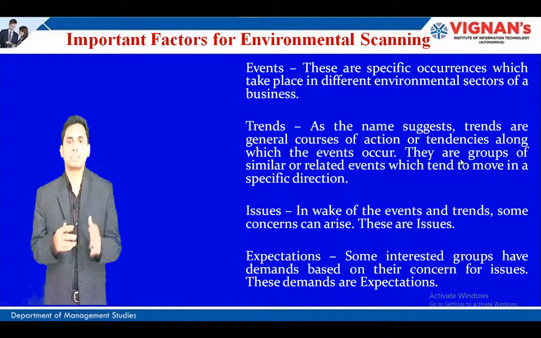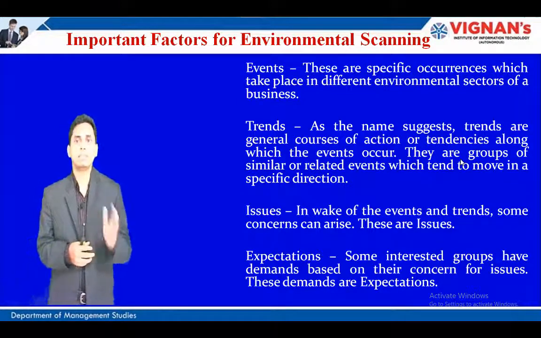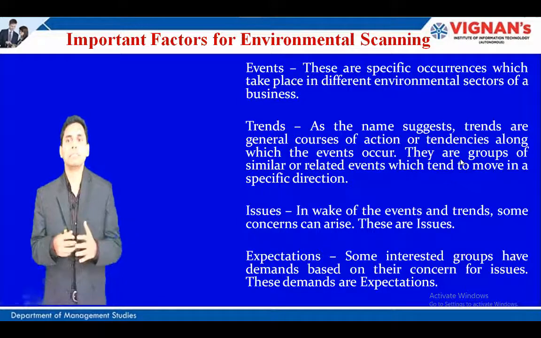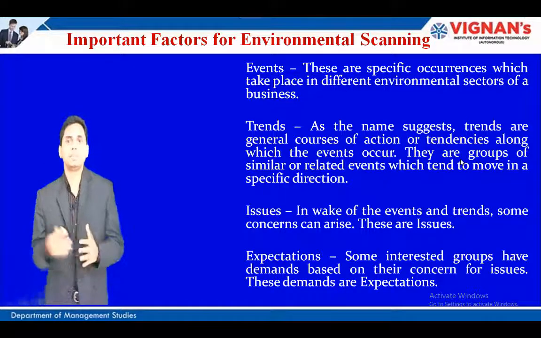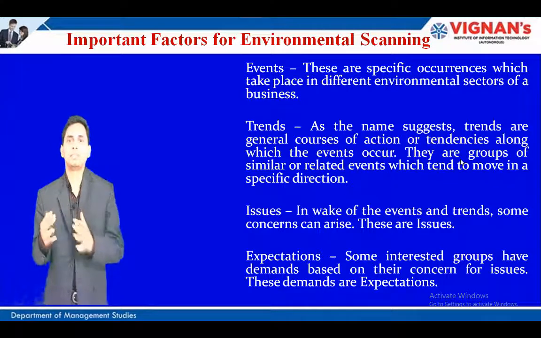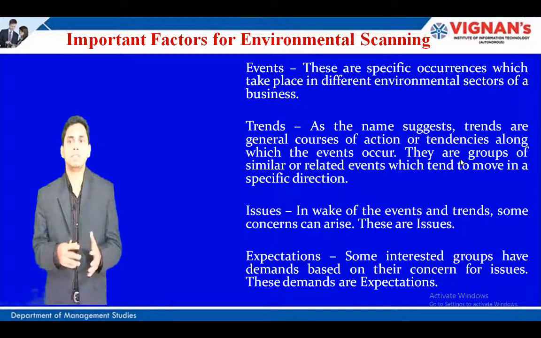And the next is trends. As the name suggests, trends are general courses of action or tendencies along which events occur. Whenever an event occurs, we look at what kind of trends it exhibits, and also at groups of similar or related events which tend to move in a specific direction.